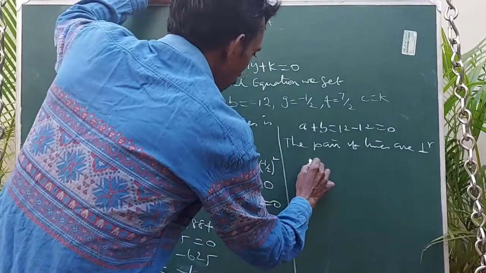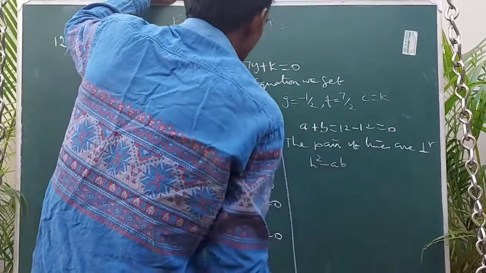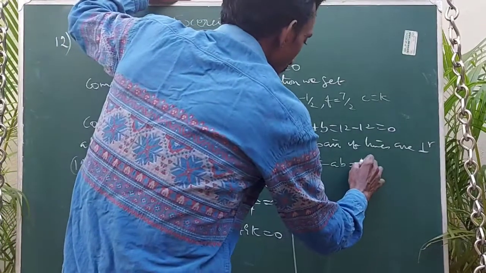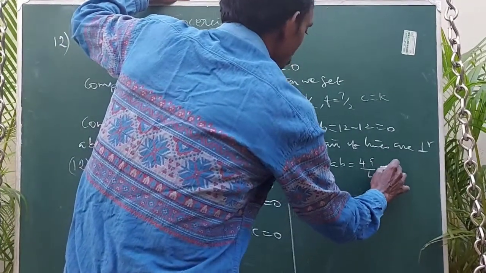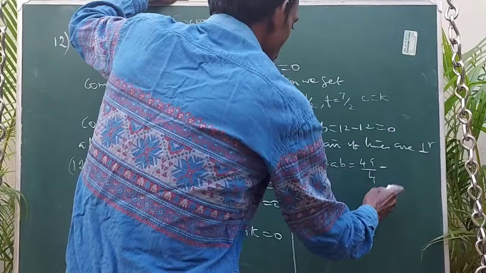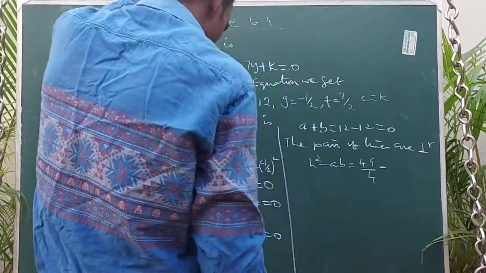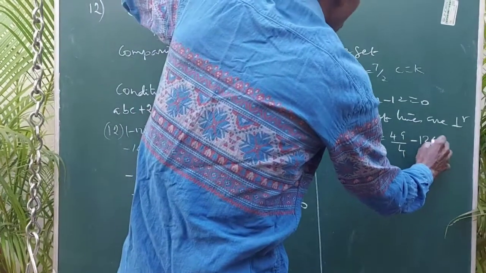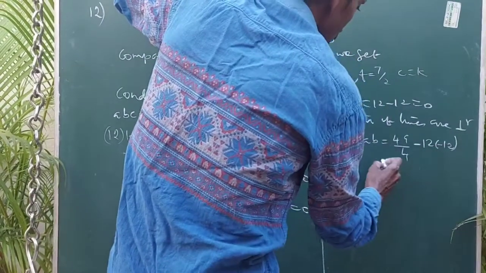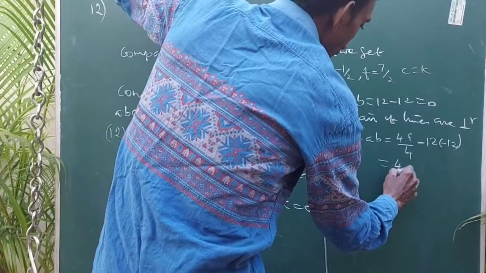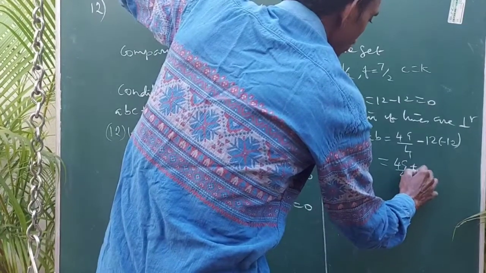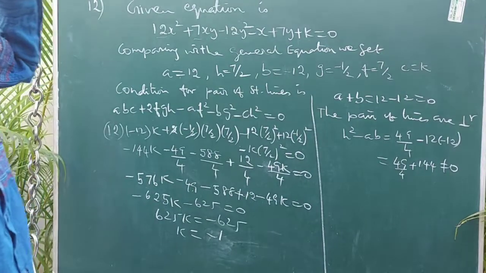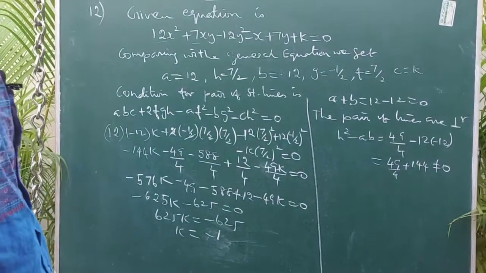In the meantime, find the value of h² − ab: 49/4 minus of 12 into −12, so 49/4 plus 144, which is not equal to 0.